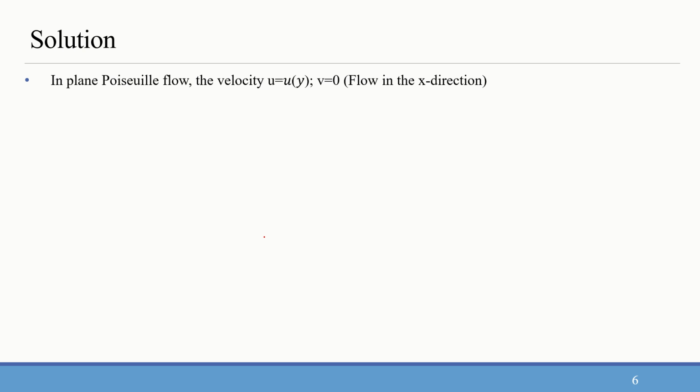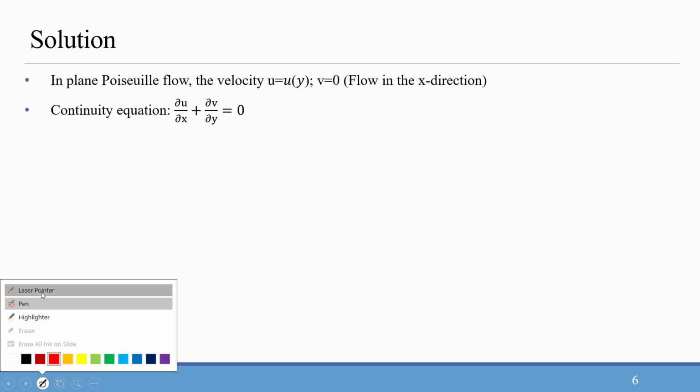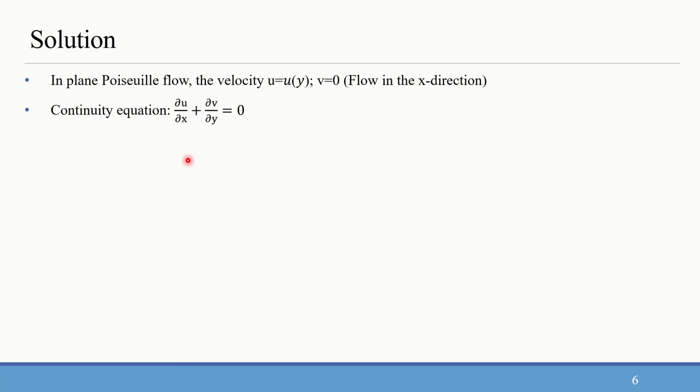Now what we do is we first write the continuity equation in two dimensions. In the question it is clearly given that it is a two-dimensional problem. So we write the continuity equation in the two-dimensional form: dou u by dou x plus dou v by dou y equal to 0.